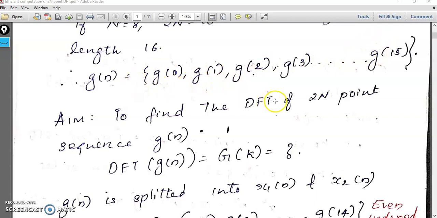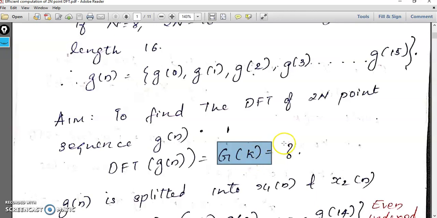These are real numbers. Our aim is to find the DFT of this 2N point sequence g of n, and the DFT of g of n is taken as G of k. We want to find the value of G of k.